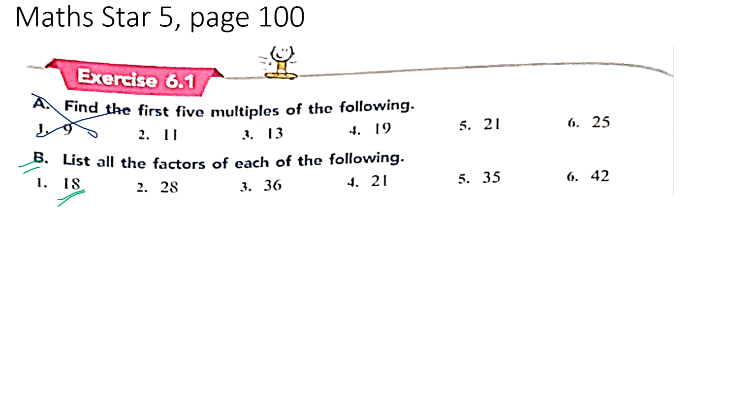To find the factors of 18, there are various methods. Okay. So one of the methods you can use is the division method and the other one is the divisibility rule. Let us try to use the divisibility rule. So for 18, the number is always starting with 1. Remember 1 is a factor of every number. Next, check for 2. Is it an even number? You see it's an even number, so 2 is obviously a factor.